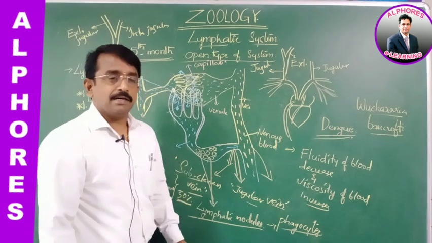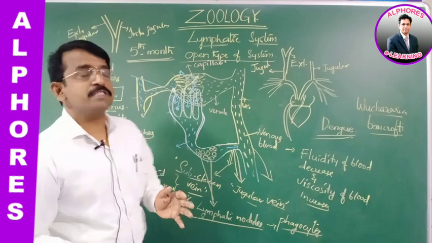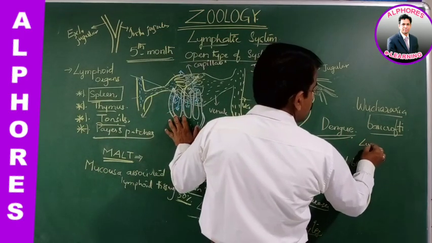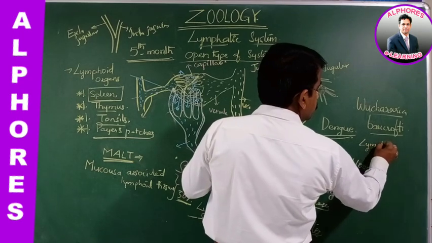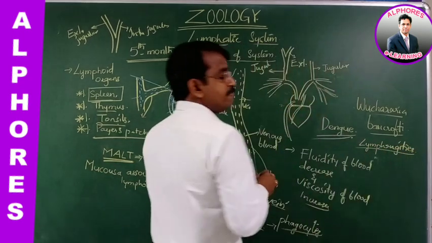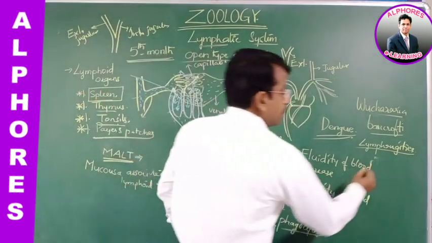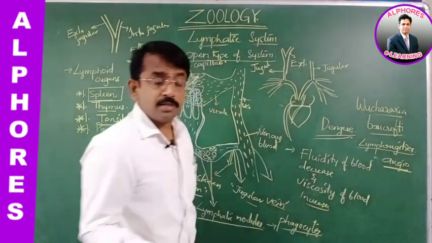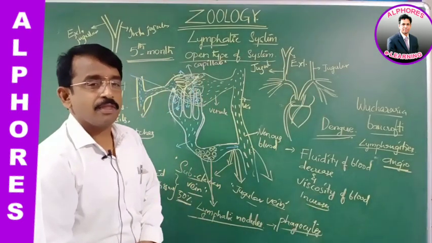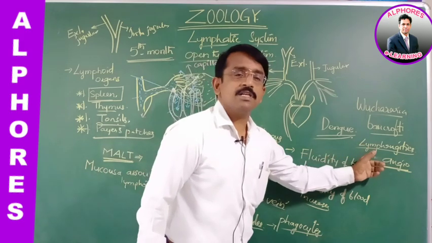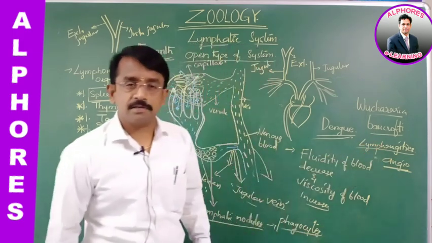So the inflammation in the lymph vessels is named lymphangitis. Angio refers to vessels. So inflammation in the lymph vessels is named lymphangitis.